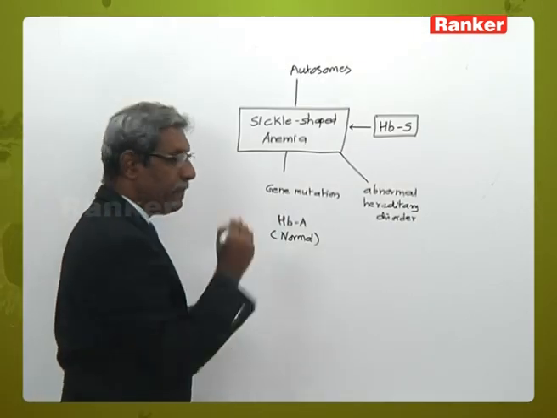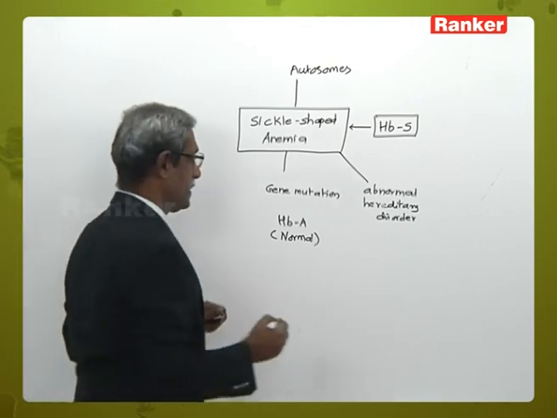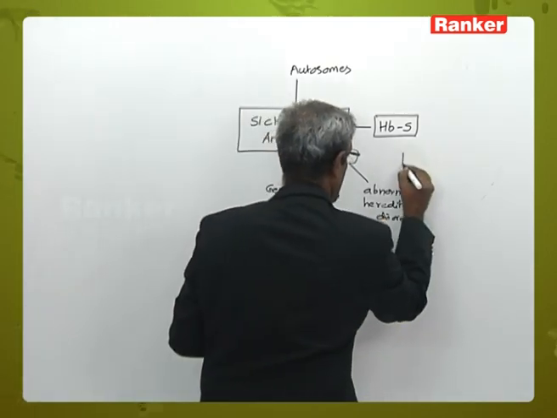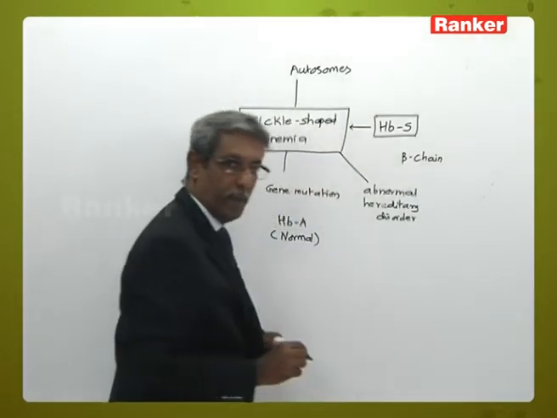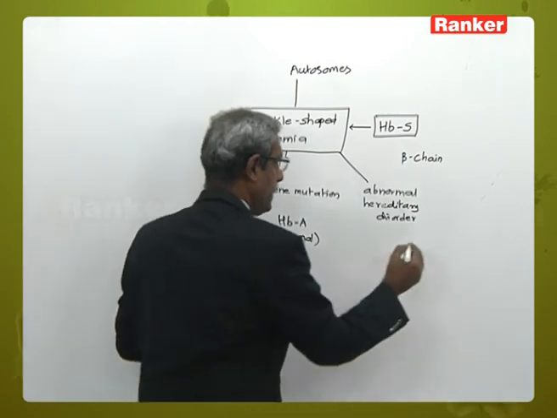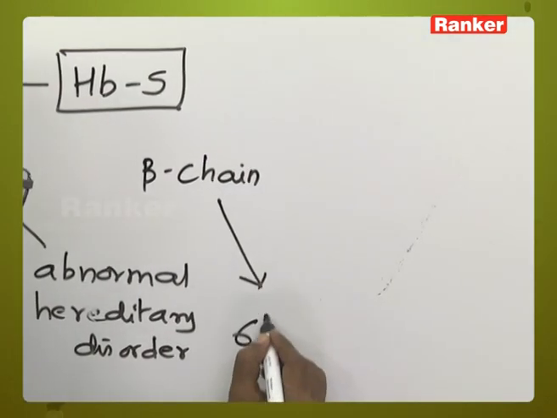So in HbS, what actually happens? We have the hemoglobin, and on the hemoglobin we have the beta chain, and in the beta chain we have the 6th amino acid.